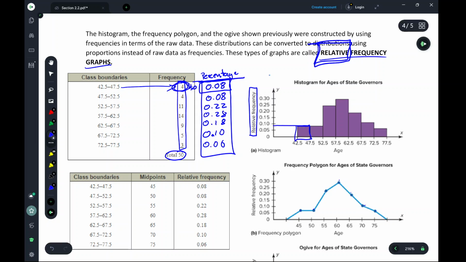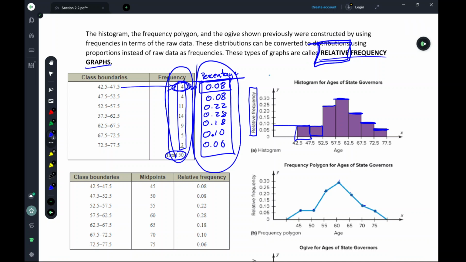And then another 0.08 for my next class, 0.22 here, 0.28 here, 0.18 here, 0.1 here, and 0.06 here. So the only difference is, instead of constructing it using frequencies, I'm constructing it using decimals, which represent the relative frequency: what percentage of the data this class represents, in decimal form.